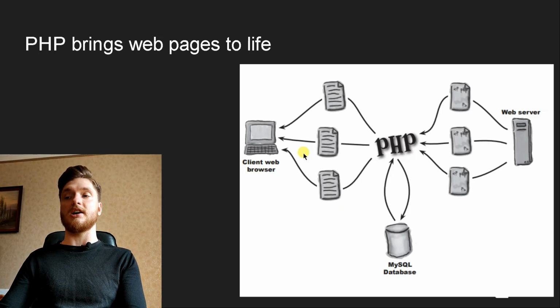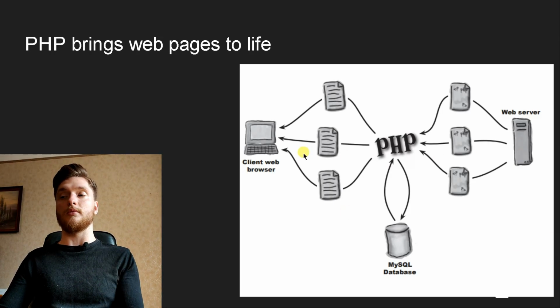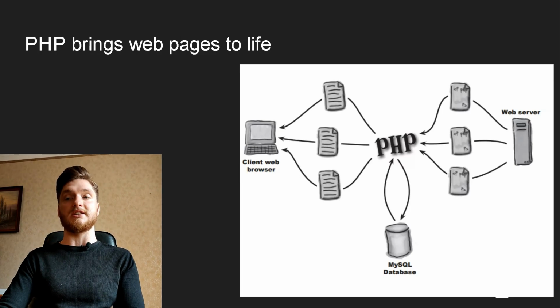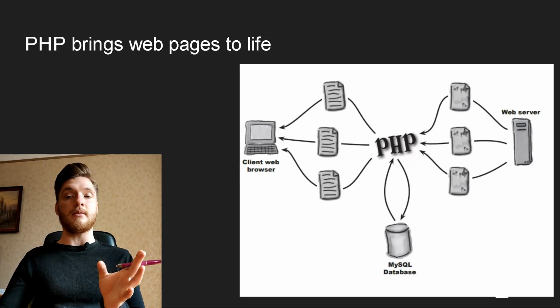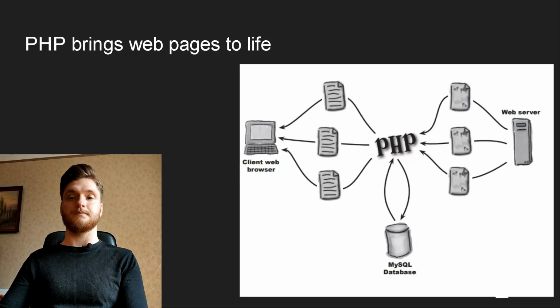PHP stores and retrieves data from the database and incorporates the data into the HTML code that is generated. Dynamic HTML pages change in response to programmatic logic in PHP scripts, making them incredibly flexible.